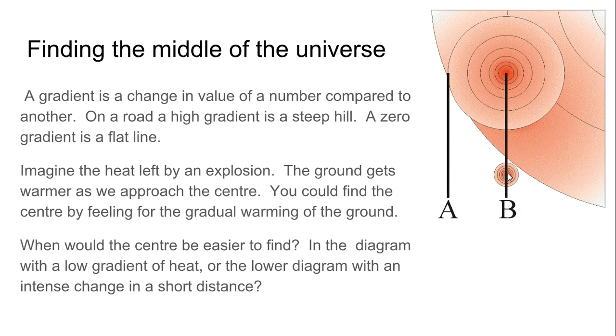Well, if you were object B, if you were right here, if you walk from A to B, you would find you went from cool to warm in a certain distance, and you'd probably pick it up. If you walked from A to B to this heat source, you would suddenly find the ground getting really hot really fast. You could rub your hand back and forth on the ground here and find the center of heat.